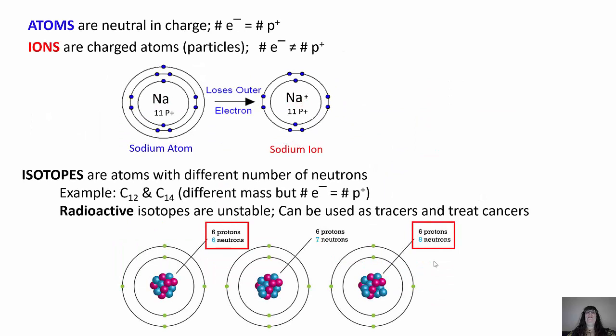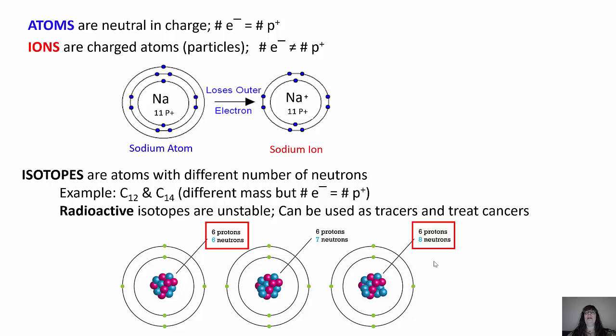Now, atoms are neutral in charge. Electrons equal protons. That is the case for all of the periodic table elements. However, we do have something called ions. Ions are charged atoms. That means the number of electrons does not equal the number of protons. So for example, we have the sodium atom. The sodium atom has one little electron in its outermost shell at the top there.